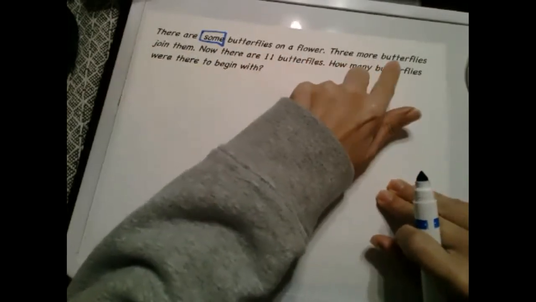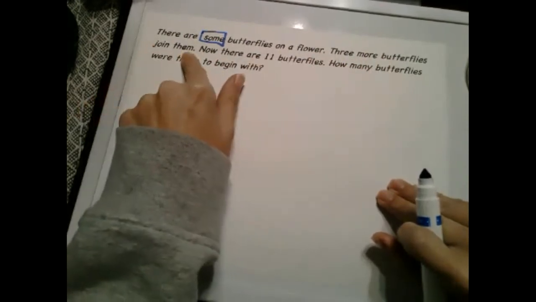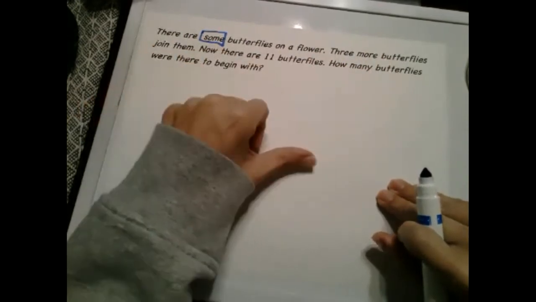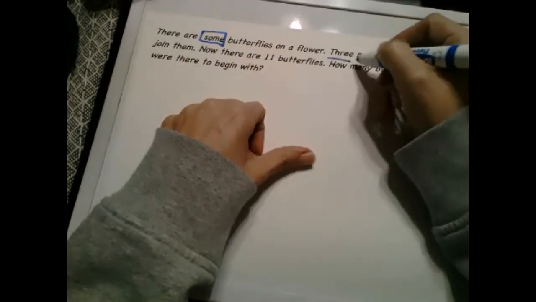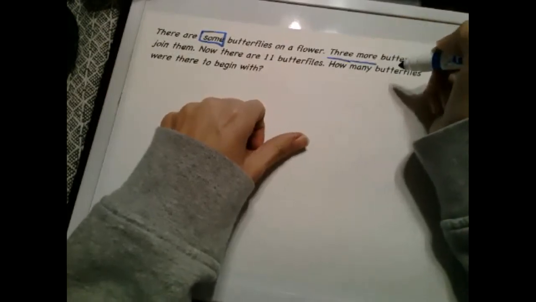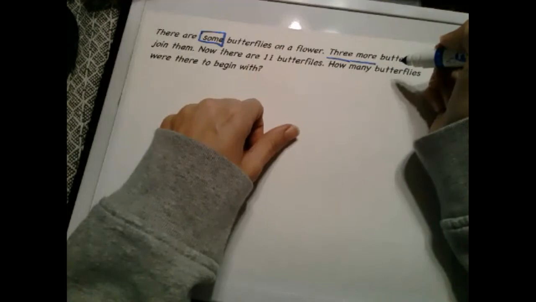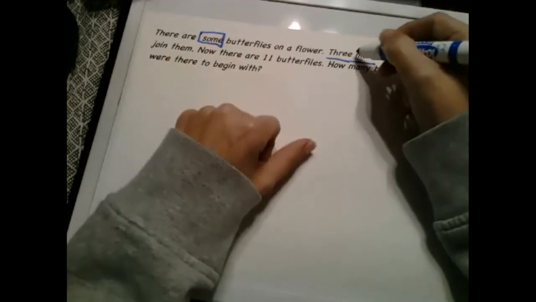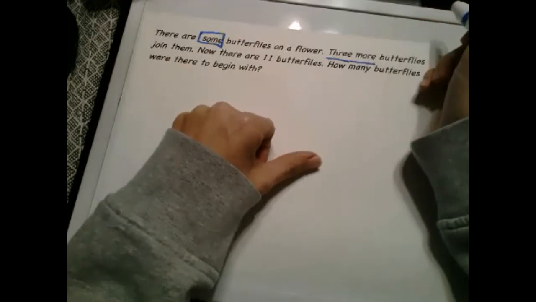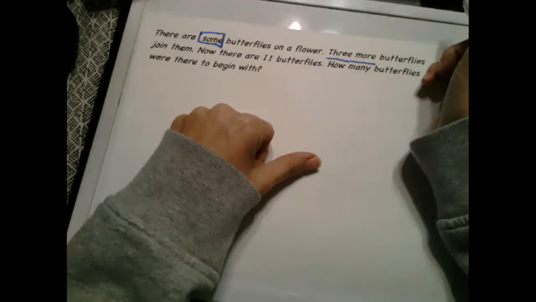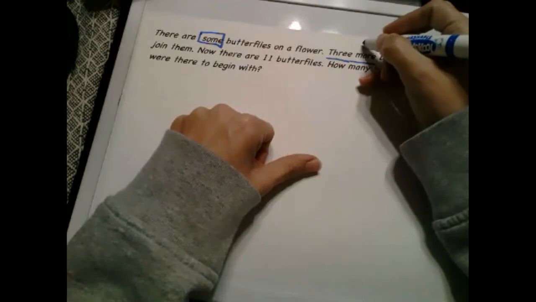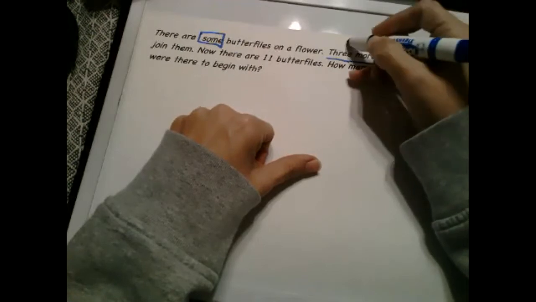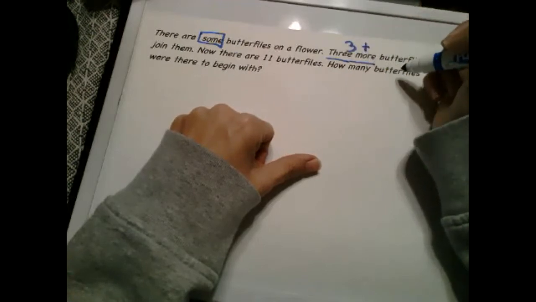3 more butterflies join them. So I know that there were 3 more. What does that tell you you're going to do? If there were some on the flower and 3 more came, what do you think that we'll be doing? That's right. We're going to be adding 3 more.